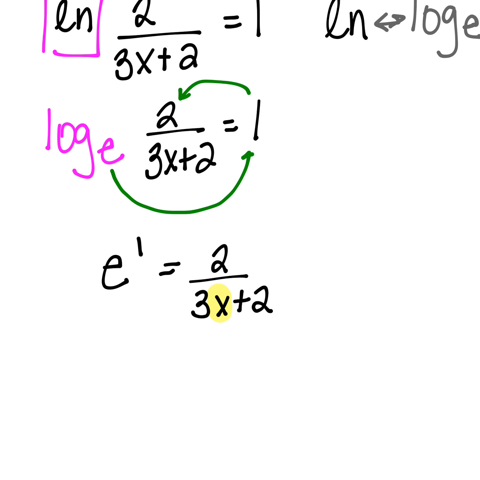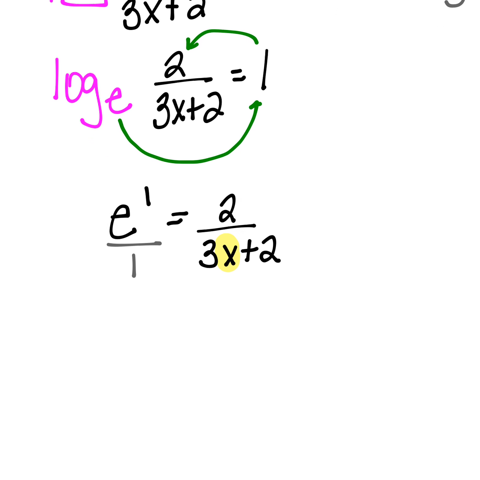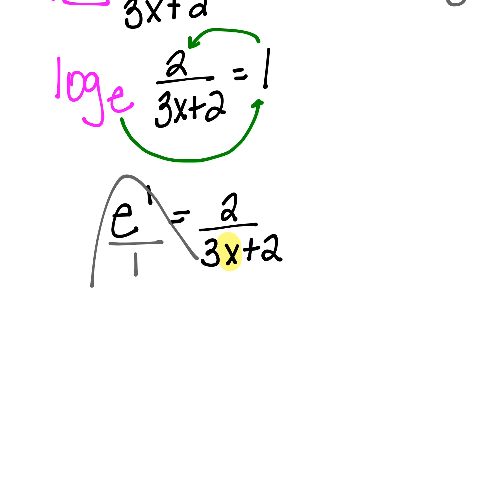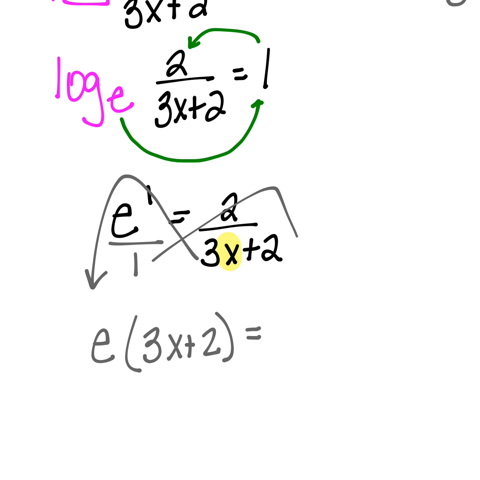So to do that, we need to be able to get that 3x plus 2 out of the denominator. So this is what I'm going to do. I'm going to go ahead and put e over 1, and I'm going to cross multiply. So when I do that, e to the first is just e, just like anything else. So you get e times 3x plus 2 is equal to, cross multiply over here, 2.